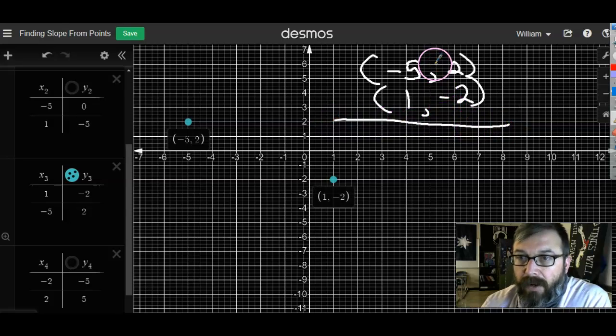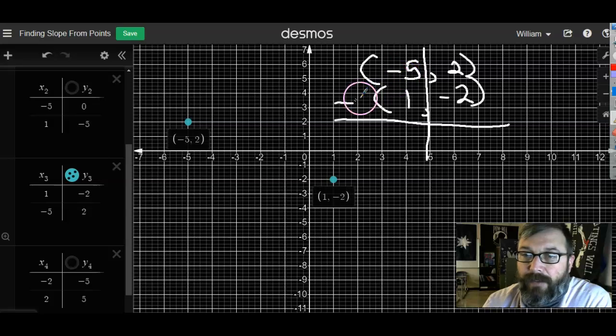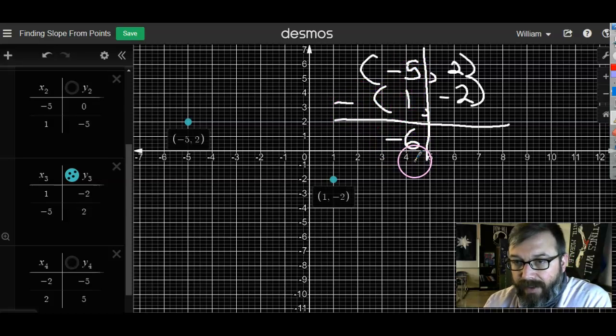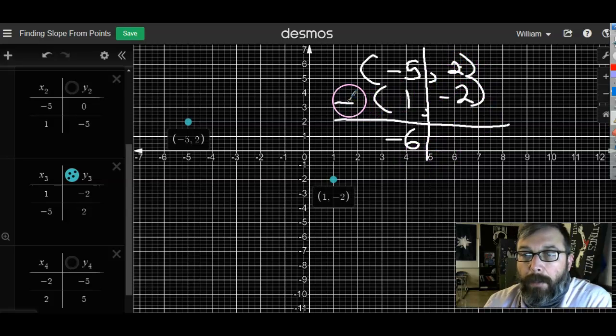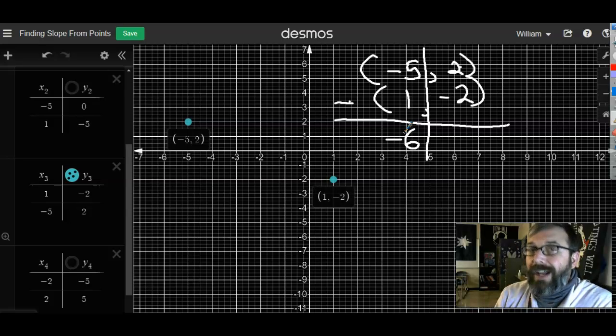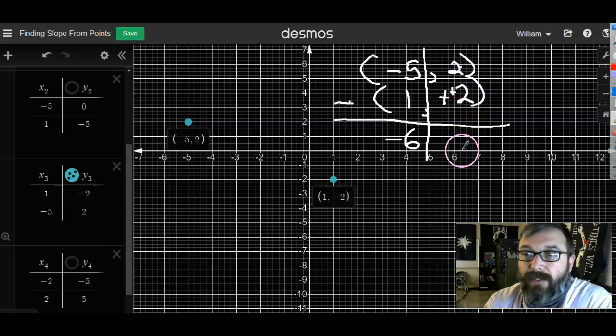I'm going to put my division bar and subtract. -5 minus 1 is going to be -6. 2 minus a -2. Remember, if you subtract a negative, you are adding a positive. 2 minus a -2 is the same thing as 2 plus a +2. 2 plus 2 is 4.